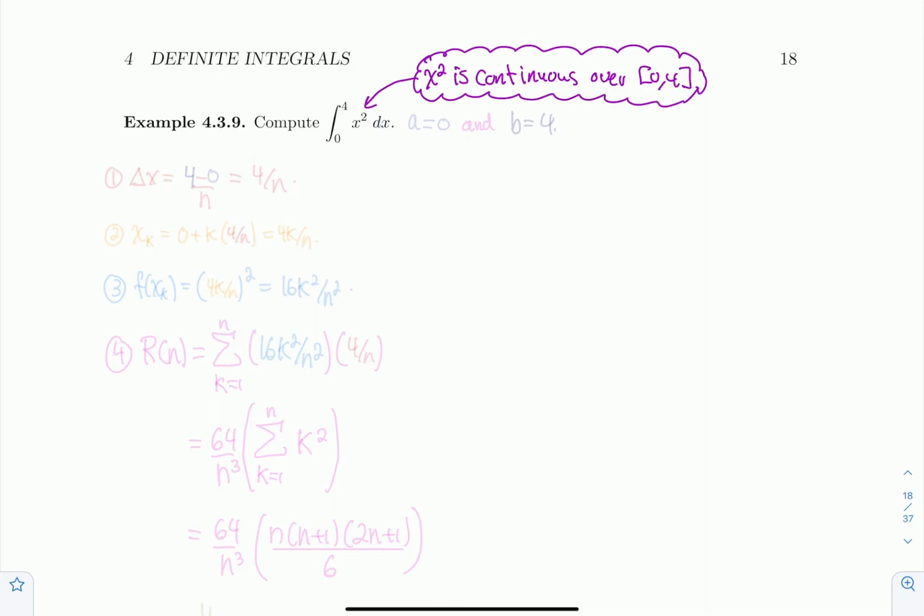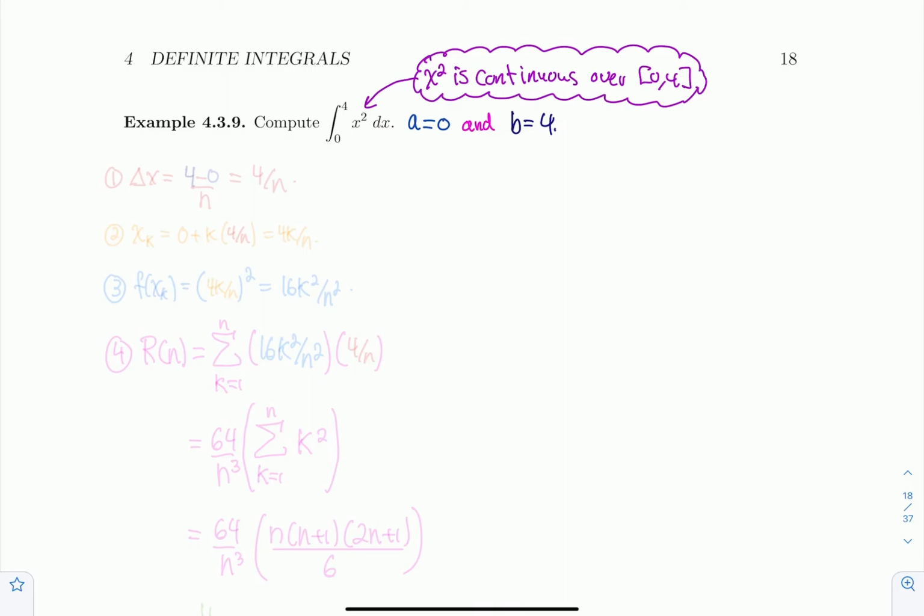So we're just going to compute the limit of the right Riemann sums because the function is continuous. It really simplifies our question. The first thing I like to do once I know that my function is continuous is to label the endpoints. It starts at 0 and it ends at 4, so the a value is 0 and the b value is 4 in my formulas. Now I'm ready to use the 5 steps to compute the limit definition of the definite integral.